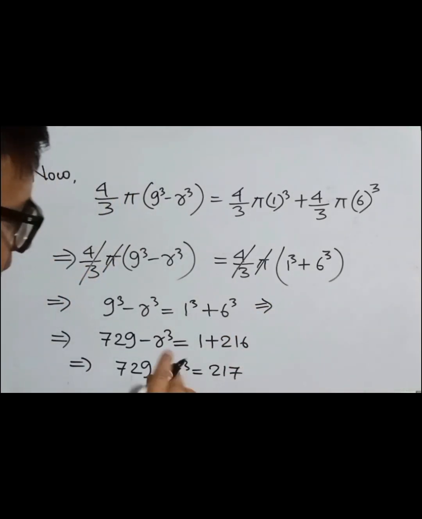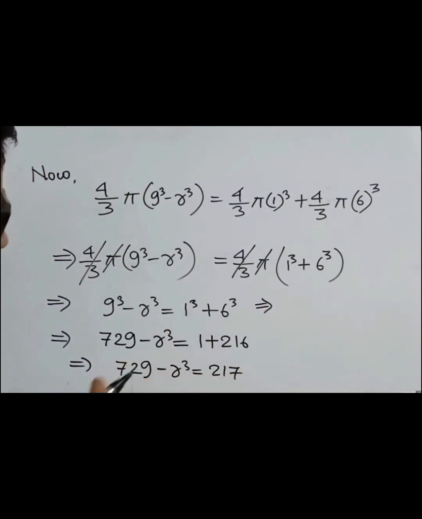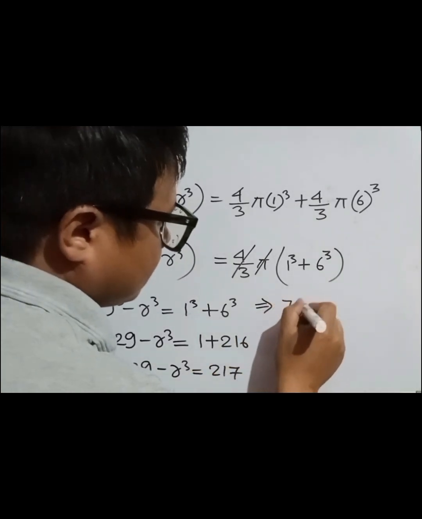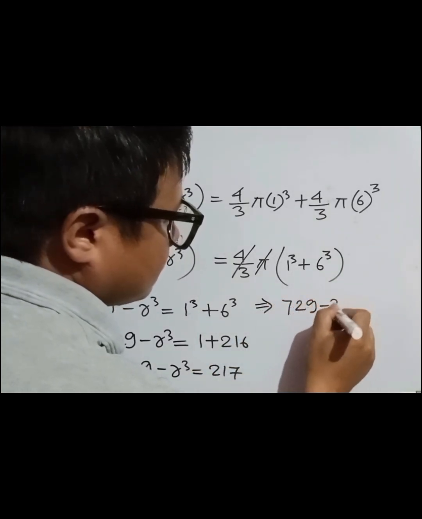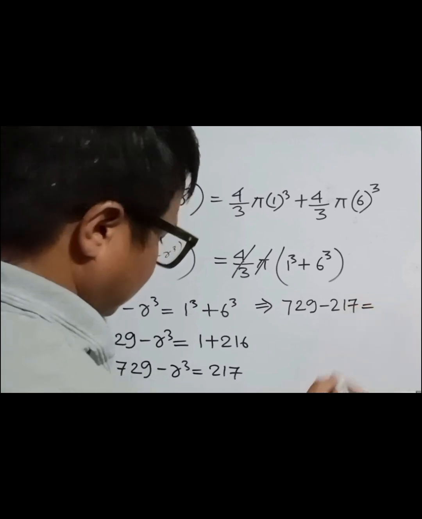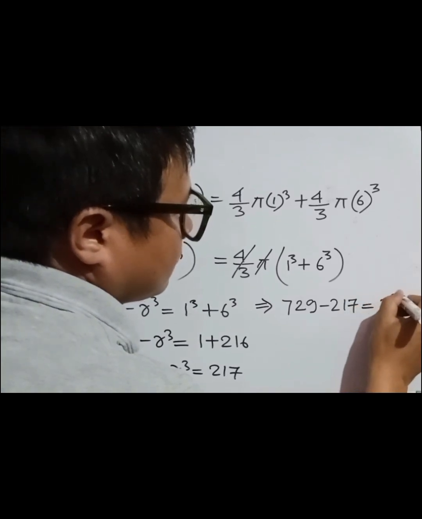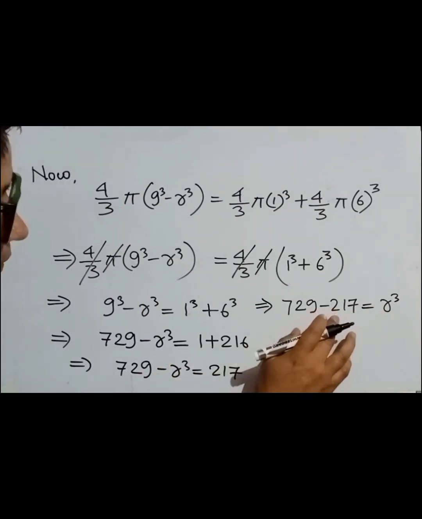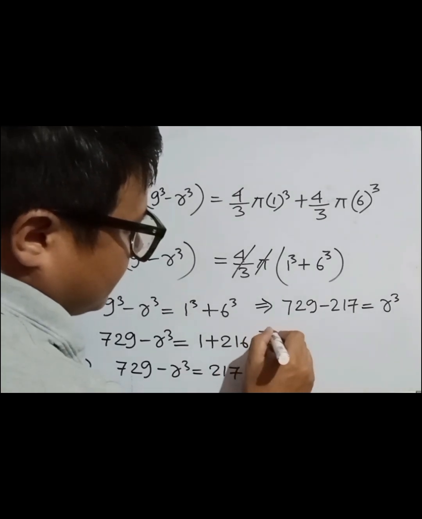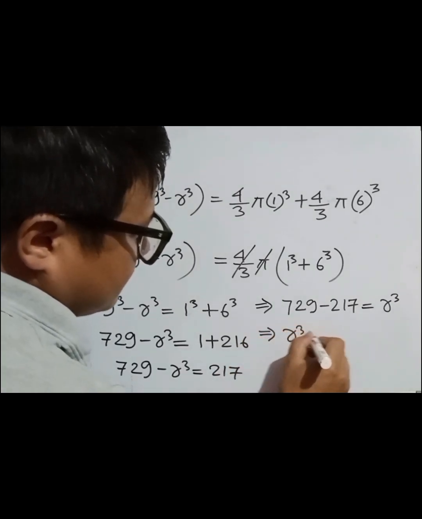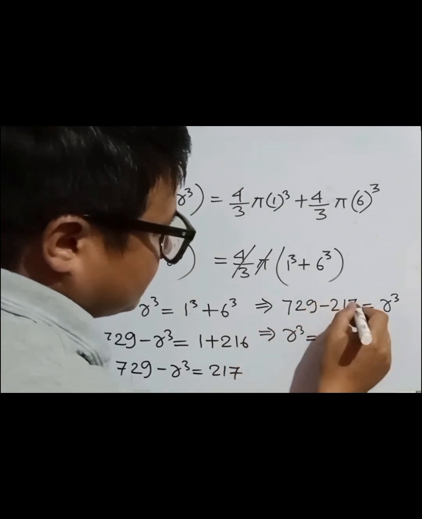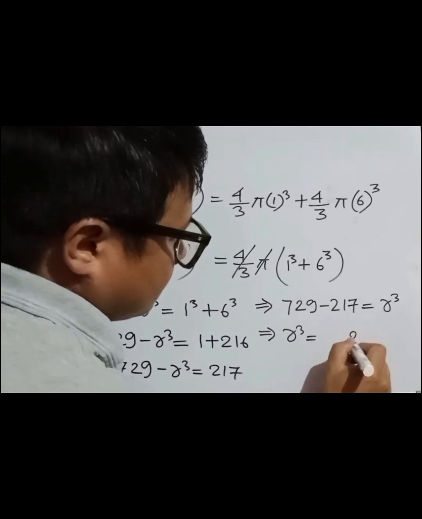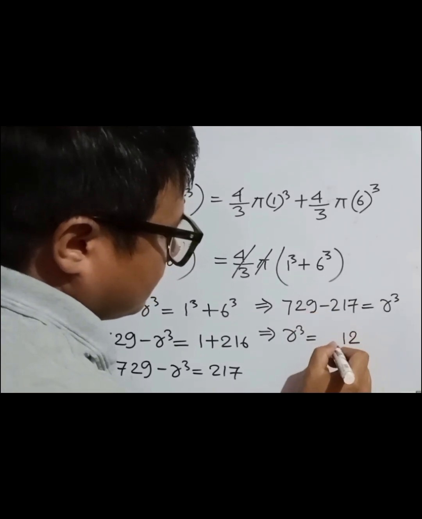Now we can take minus r cube to the right hand side and 217 to the left hand side, and this gives 729 minus 217 on the left hand side, and on the right hand side there is plus r cube. Now the difference of 729 and 217 is 512. So we can change the sides, and this gives r cube is equal to 512.